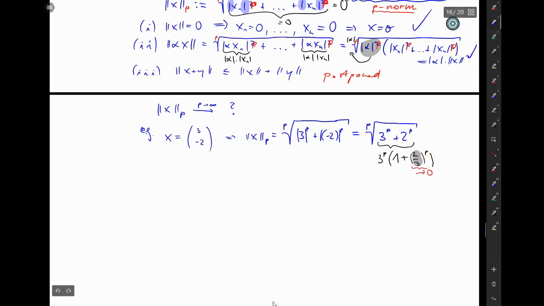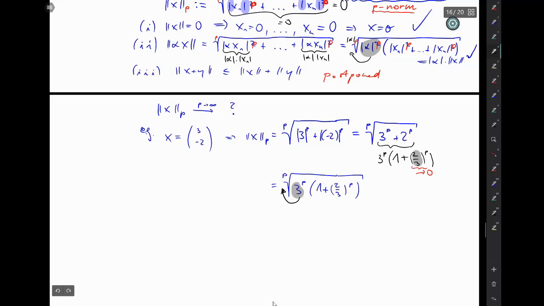Well, let's write it down again. So we have the pth root of 3 to the power p, and then there is 1 plus (2/3) to the power p. Now obviously this 3 to the power p, let me just mark the 3, comes out of this, and we have it in front.